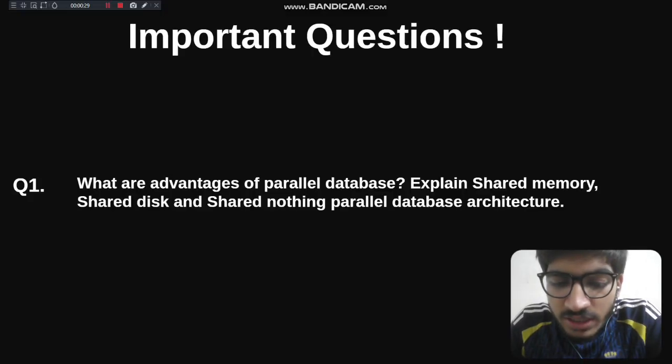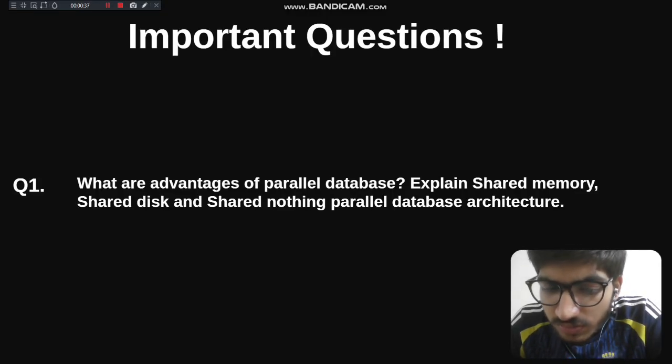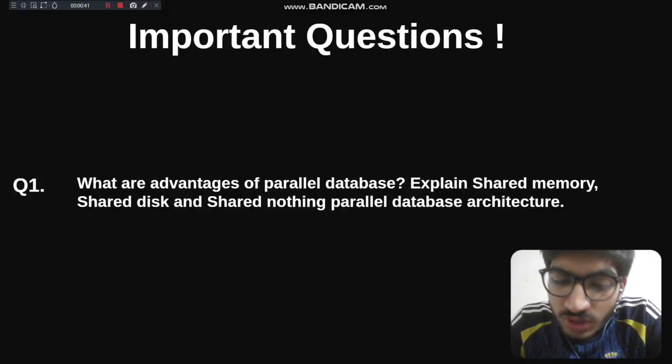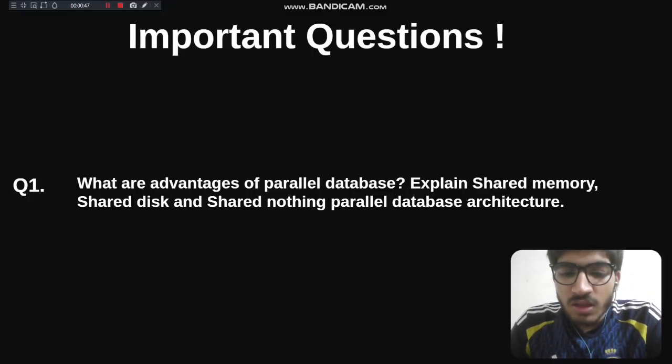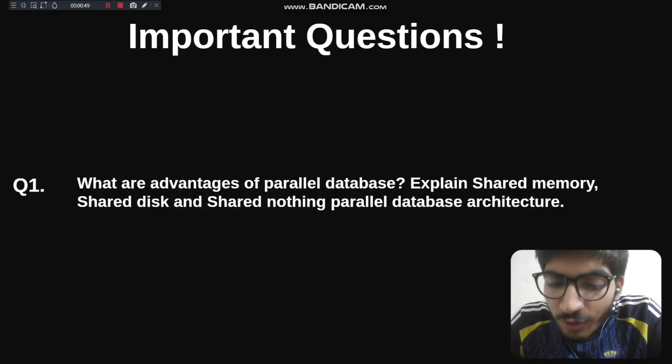So the advantages of parallel databases are as follows. Parallel databases use multiple processors to work together. This makes database operations faster and more efficient. First, high performance and fast processing.